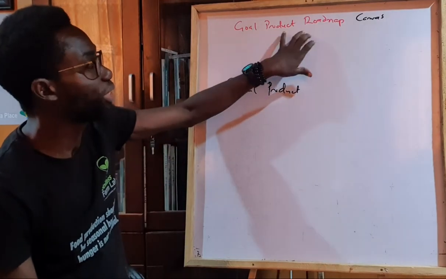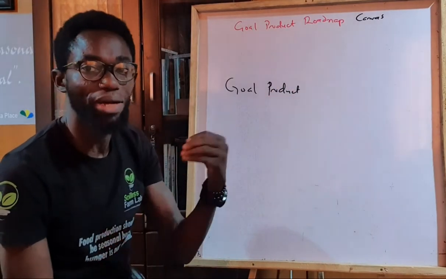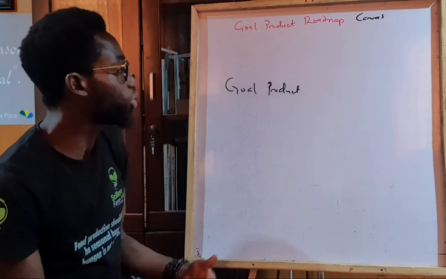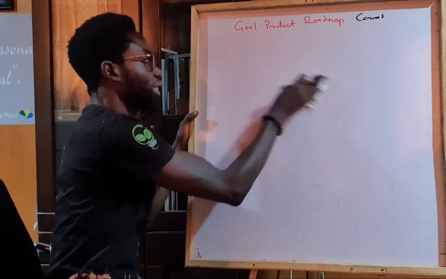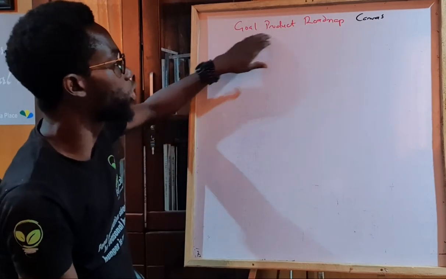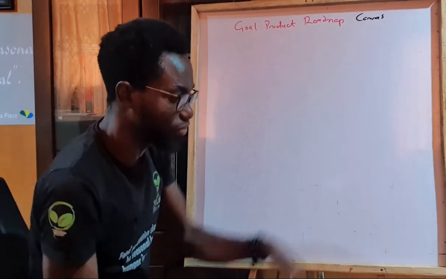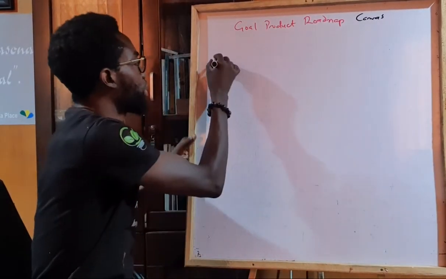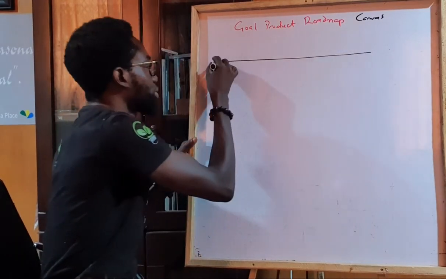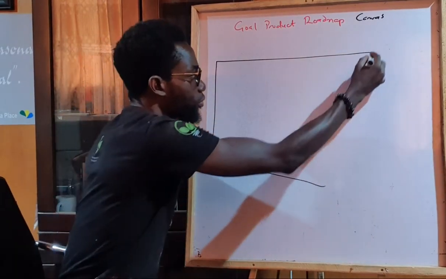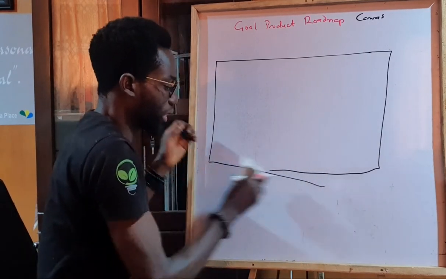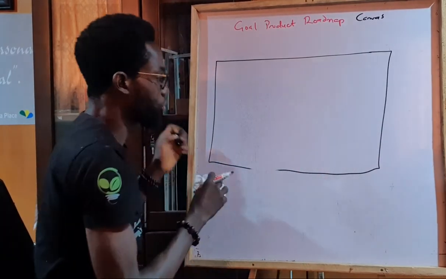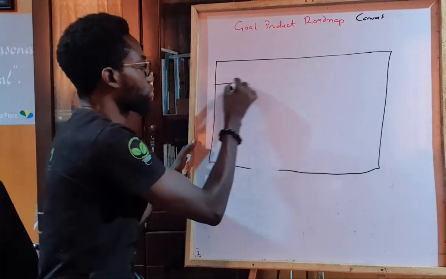Now, in developing a product, there is a roadmap canvas that you can follow. That canvas is called your goal product roadmap canvas. So the canvas looks something like that. Again, you can check the carbonizer.com that I gave to you so you see it properly drawn.